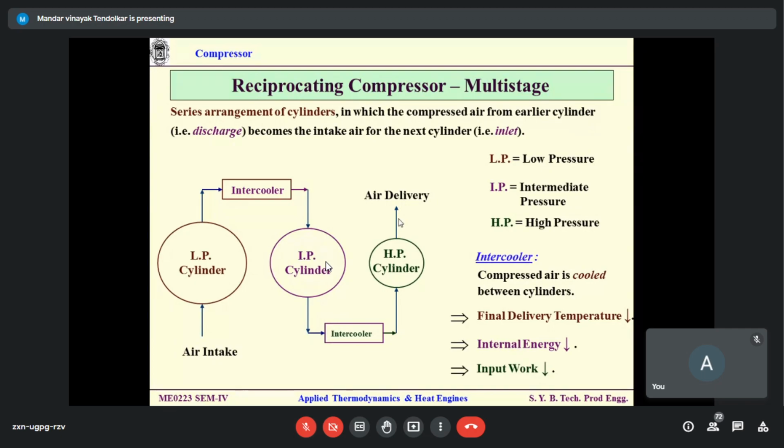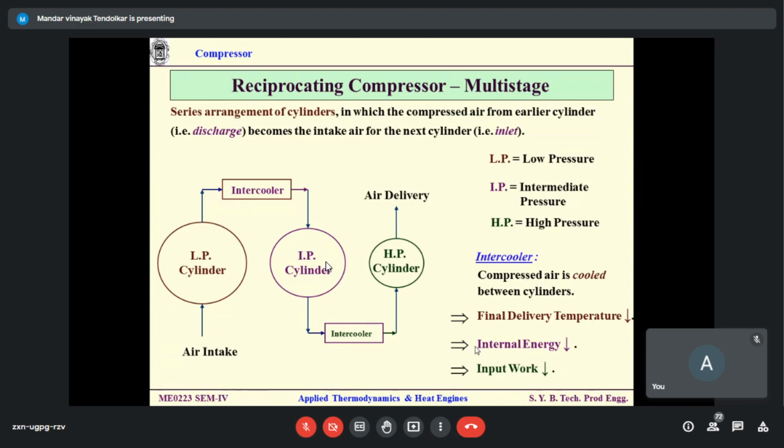Yes. Because of that, your internal energy also reduces. If the temperature is lower, internal energy is less. Air is to be treated as an ideal gas, correct? Internal energy is Cv dT, or Cv into T. Enthalpy is Cp into T. Now, if the internal energy is less, my input work required is also less, and that is what I want.